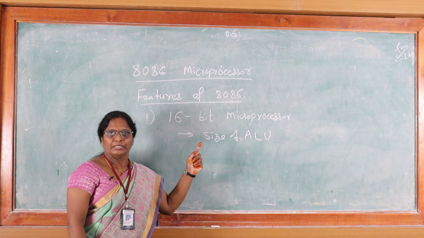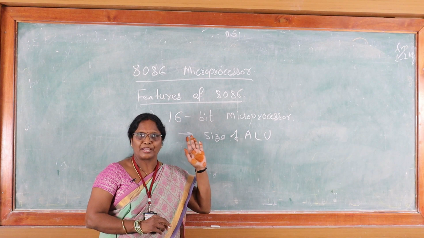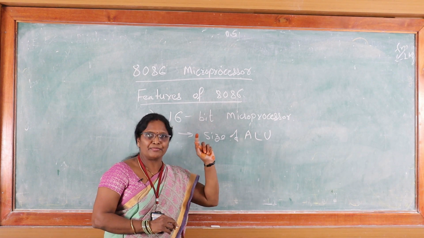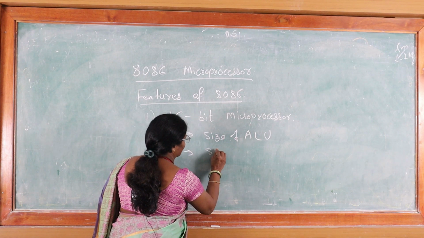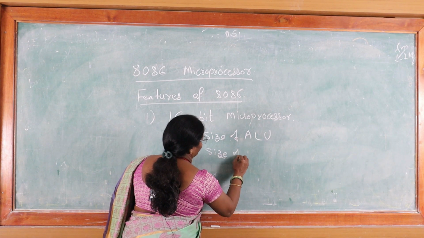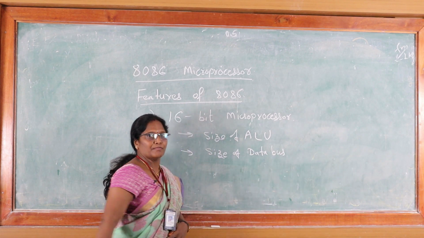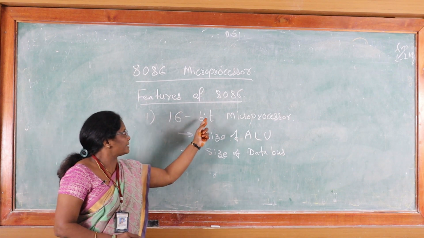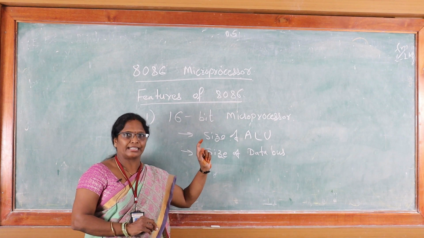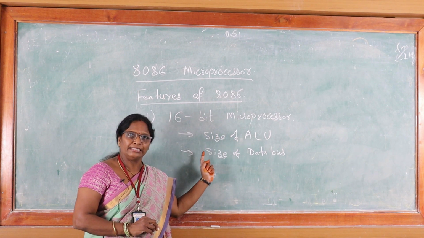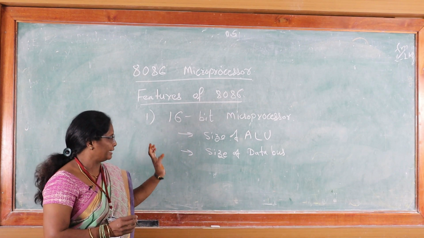The ALU is the arithmetic logic unit. It can perform operation on 16-bit binary numbers. And second thing is the size of the data bus. It indicates that the size of the ALU is 16-bit and size of the data bus is also 16-bit. This is the first feature of 8086.